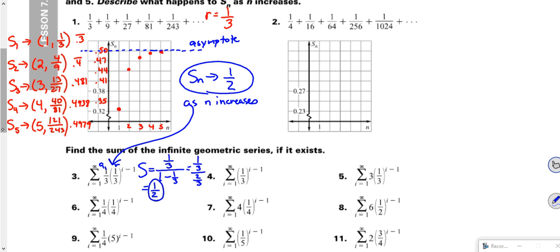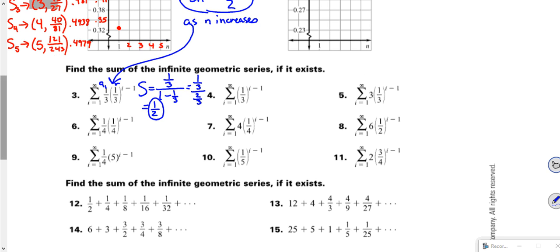Now, moving right along to this section, let's do a couple others. Let's do number 5. This, remember, is my A1. This would be my R. So the sum of the infinite geometric series would be 3 over 1 minus 1/3.